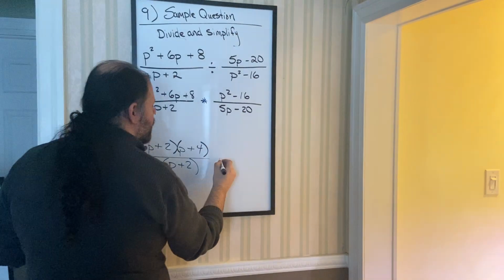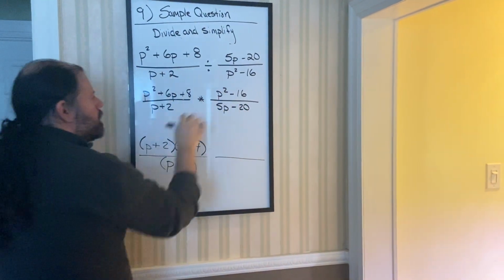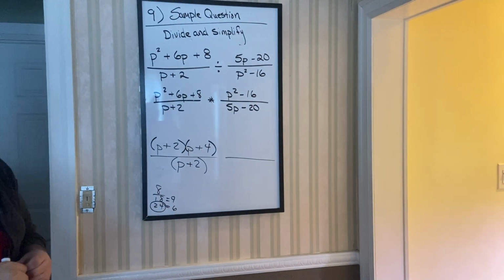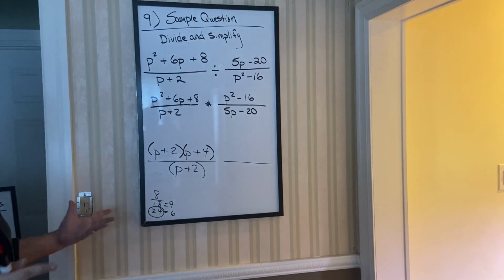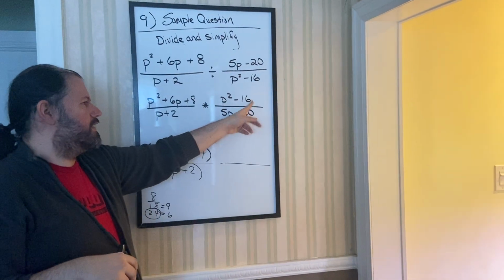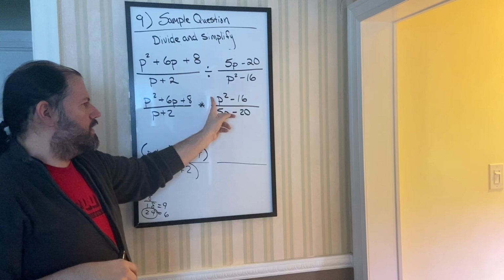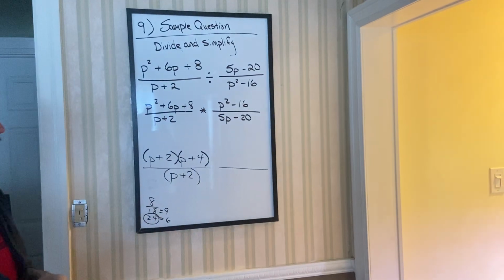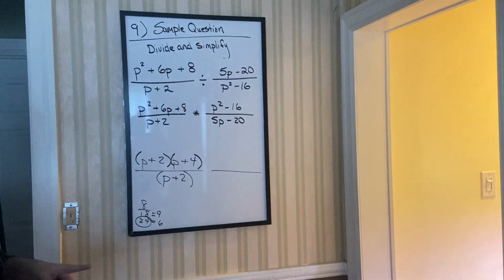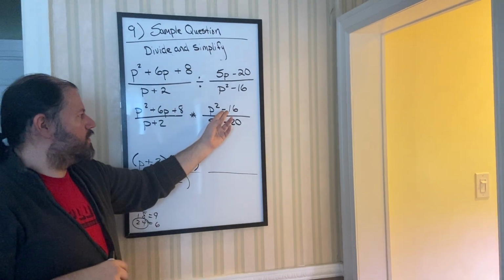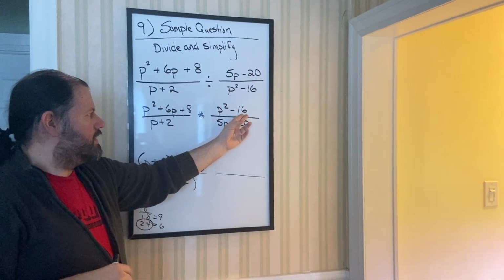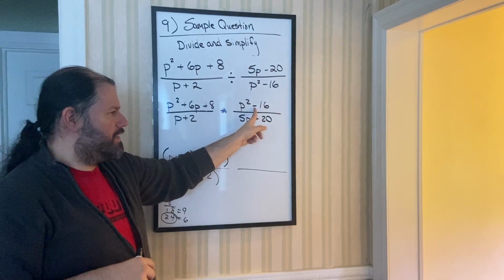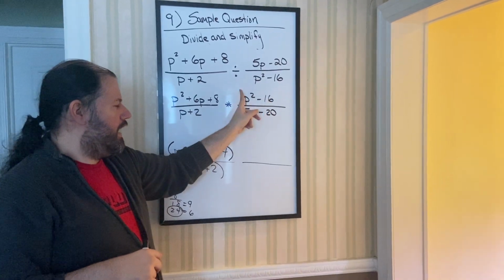Over here, p squared minus 16. No GCF because this doesn't have a letter, this doesn't have a number, this doesn't start with a negative, and of course no matching parentheses. But with two terms, we have to see if we have difference of squares. Yes, yes, yes. Remember, minus sign, perfect square, and a perfect square.